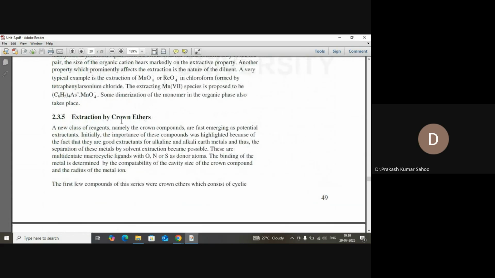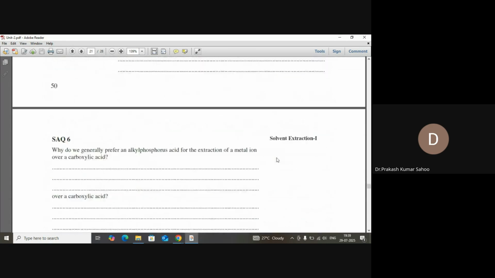Then I just point out the crown ether. Just see, this is known as the crown ether.